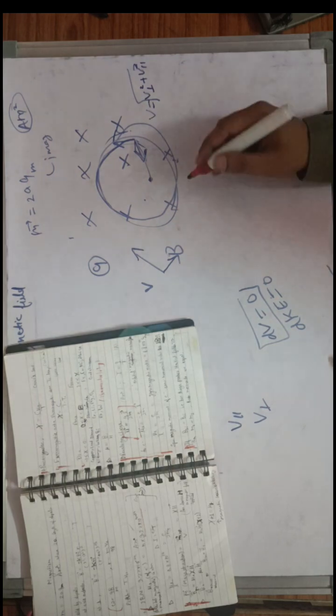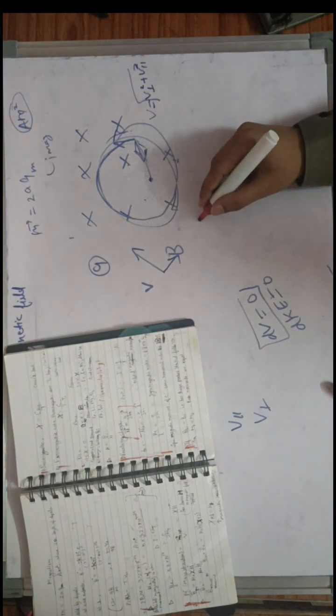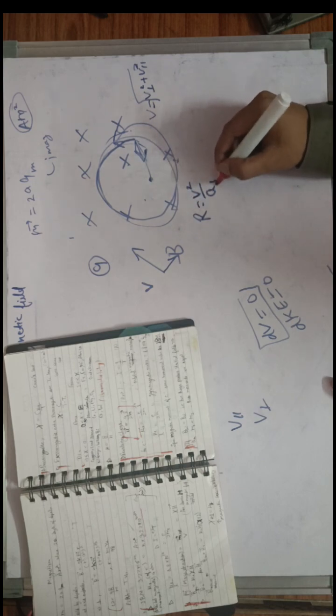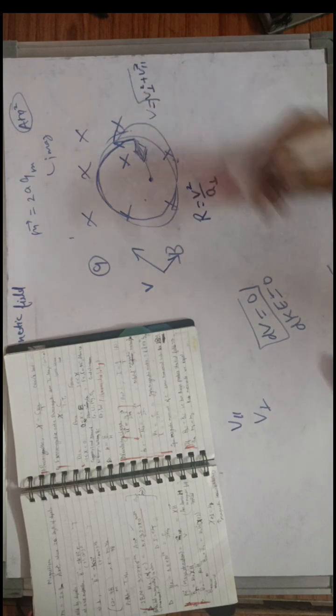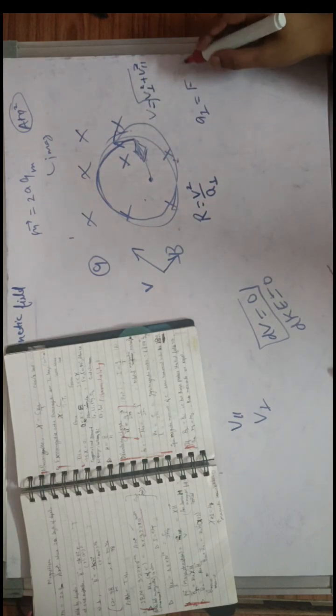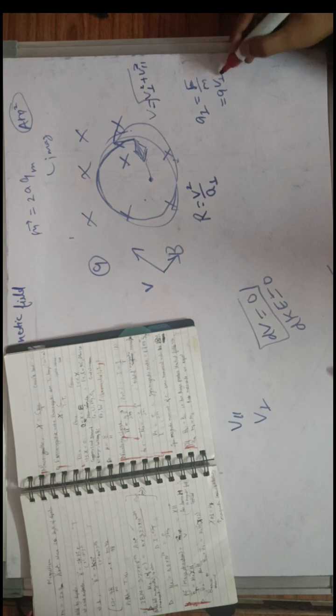Let's say the mass is m. We know that the radius of curvature of the path is given by r equal to v squared by a perpendicular. Since a perpendicular is in this direction, and a perpendicular is equal to the total force F, which is perpendicular also, divided by the mass, which is equal to q v perpendicular B, which is the force, divided by the mass of the charge, which is m.